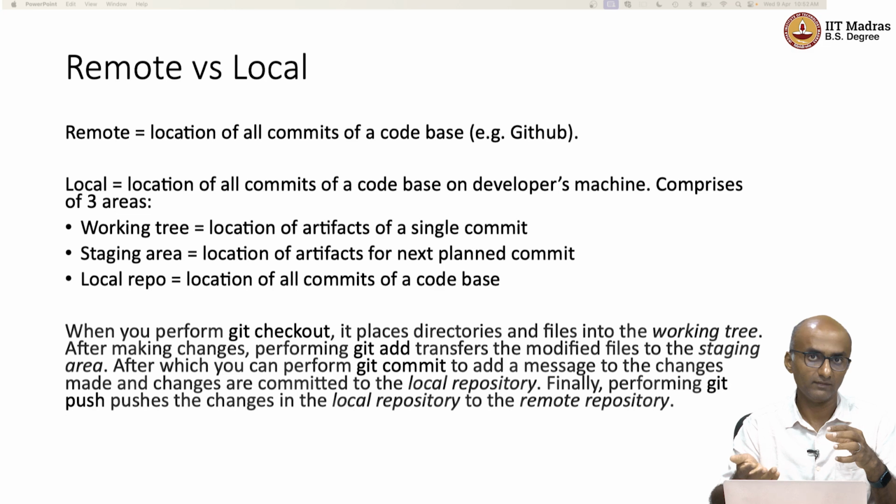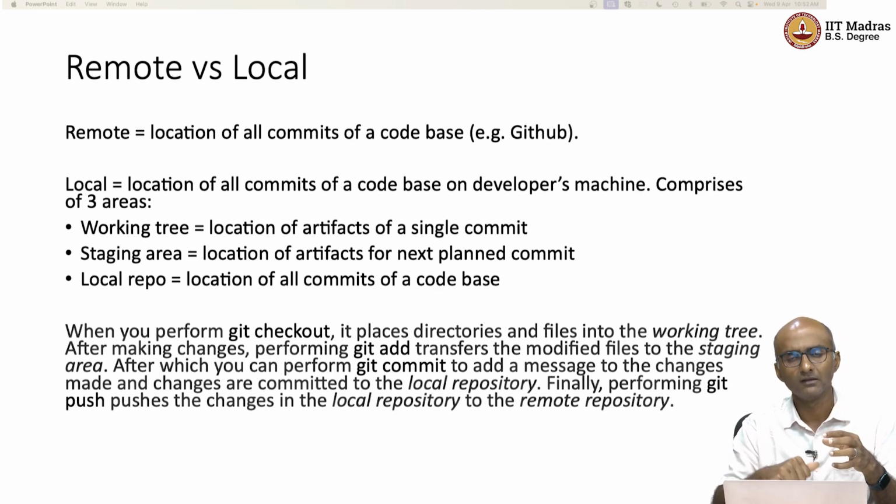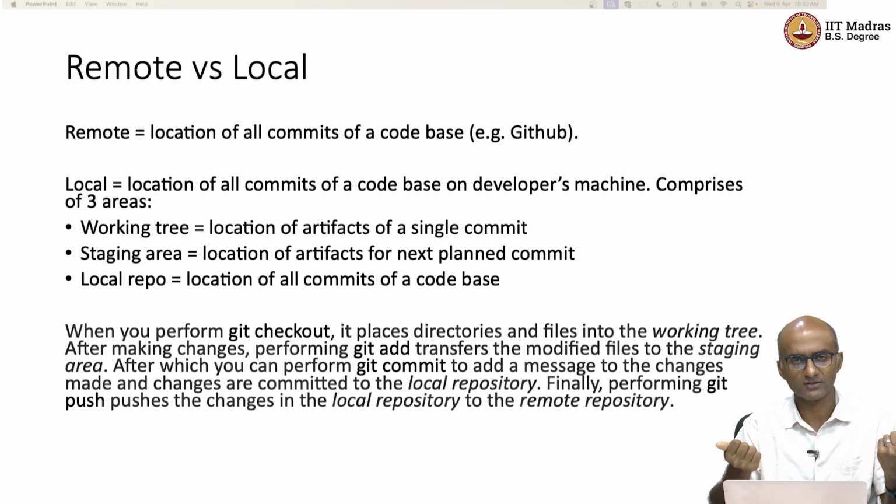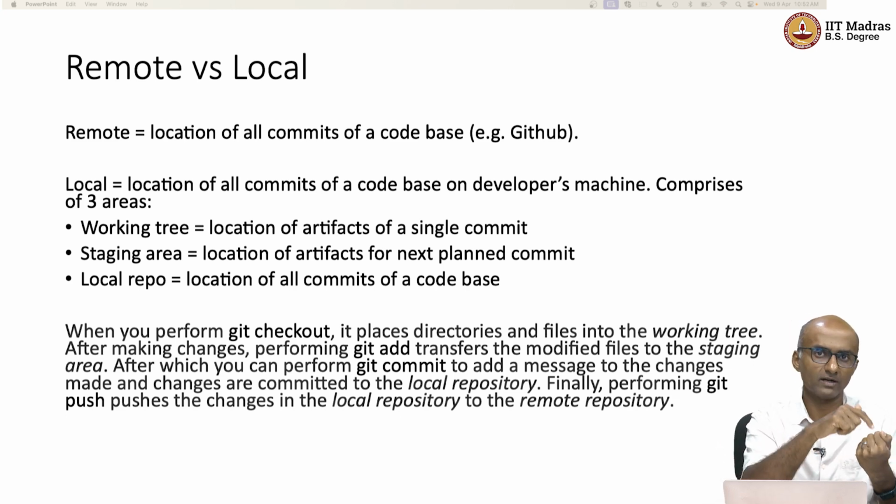You might be planning an 11th such commit which has not been committed yet. So that 11th commit work, right? Basically, the set of unsaved work that's there will be part of the staging area. The local repo in turn will have all 5 branches, but also will have this one branch where 10 commits have happened.